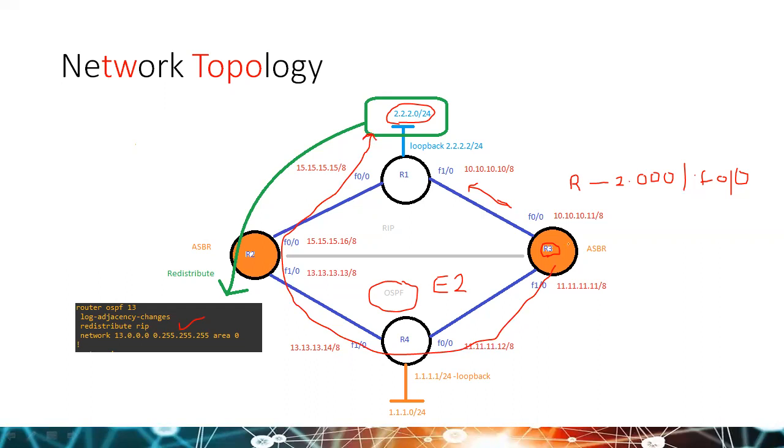Whereas previously, via RIP, it was connecting directly to R1. But now, since R2 has already redistributed 2.2.2.0 and OSPF is a more preferred routing protocol because of its lower administrative distance, it is preferred.